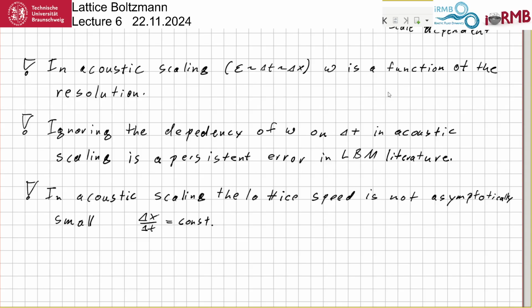And if you discretize something and you have no smallness parameter in that discretization, you can never have convergence. So you discretize velocity, but velocity is not small, yeah? So it will never converge. I mean, asking for convergence in acoustic scaling is just asking something impossible.